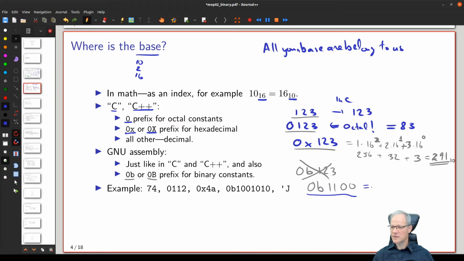Since this is a binary number, I can do 1 times 2 to the power of 3 plus 1 times 2 to the power of 2 plus 0 times 2 to the power of 1 plus 0 times 2 to the power of 0, right? Which is equal to 8 plus 4, which is equal to 12 in decimal system.